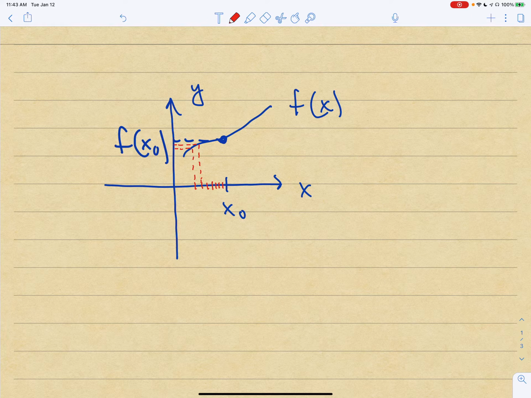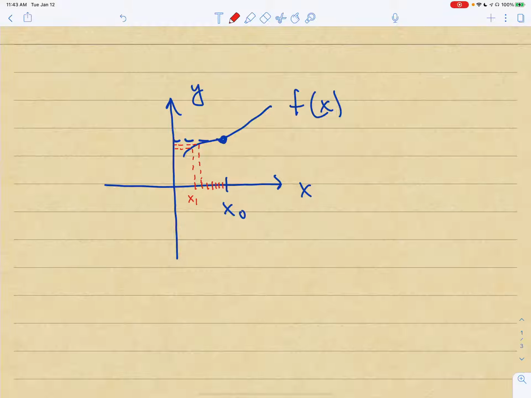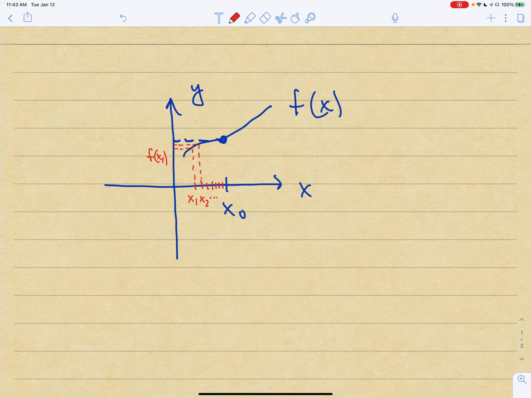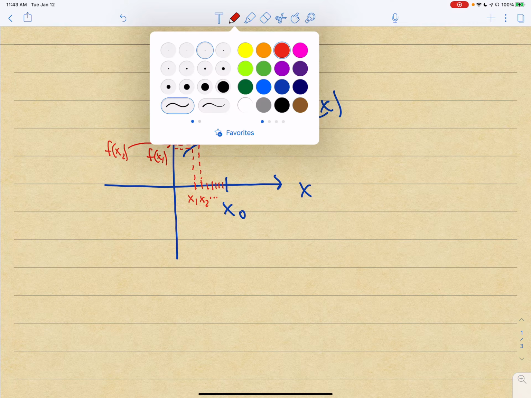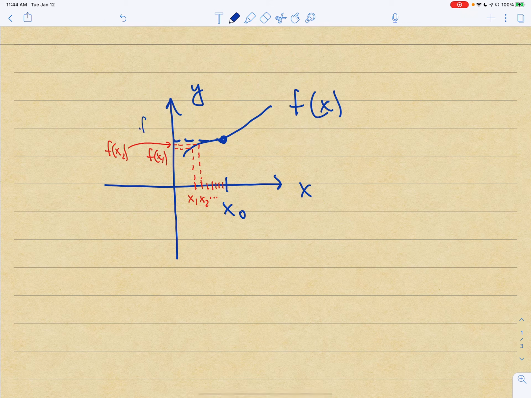And clearly, if I get rid of f of x0, if this is my x1, x2, etc., I have f of x1 up here, then f of x2, and of course, at the end of the day, I have f of x0.